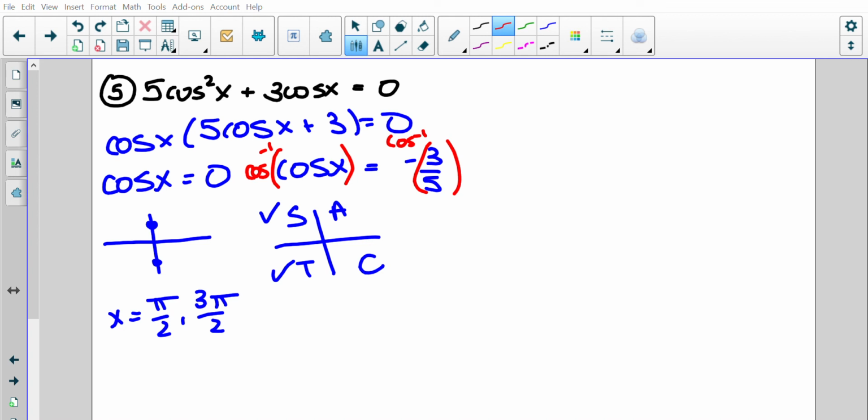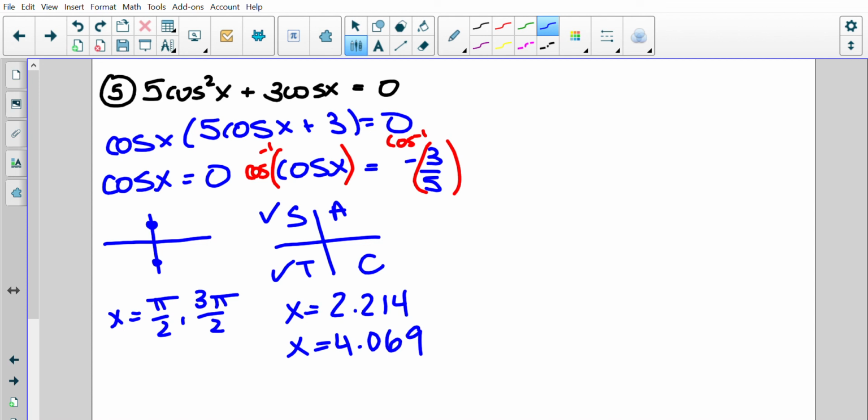And that should give us an answer of 4.069 if we're rounding to 3 decimal places. So again, those answers were x equals 2.214 for quad 2 and x equals 4.069 for quad 3.